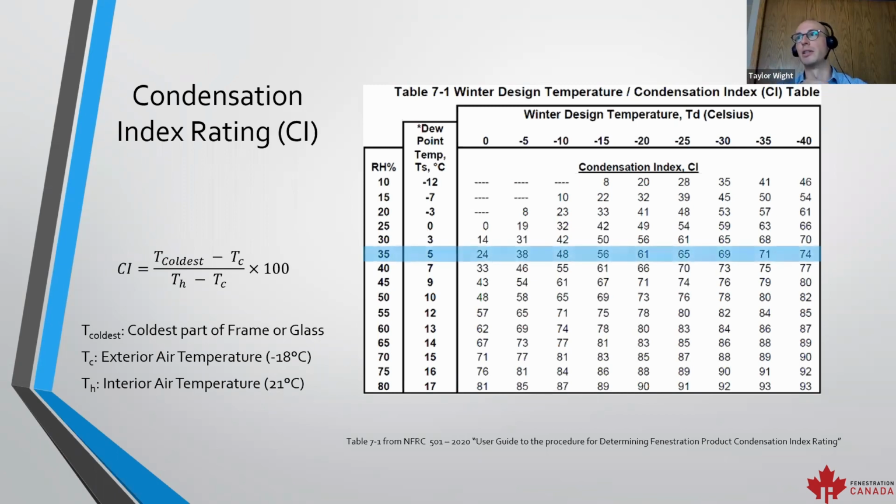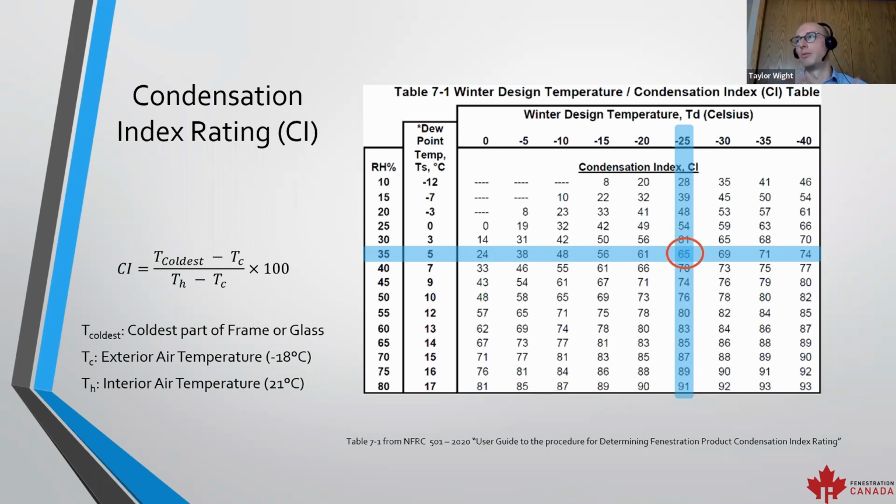Say, for instance, your interior relative humidity, you might want to have 35% relative humidity, and your exterior design condition might be -25. With those, you can calculate, okay, I need a CI value of 65 to know for sure that it won't get any condensation with those conditions.